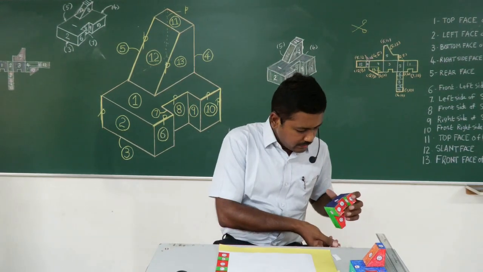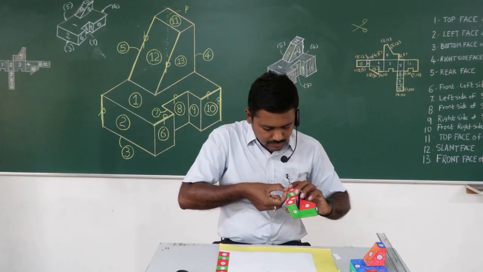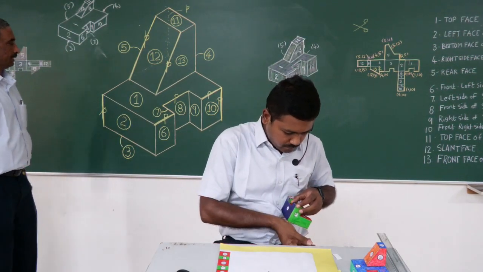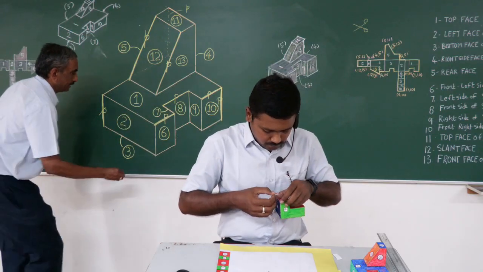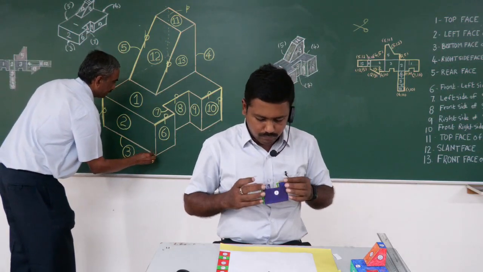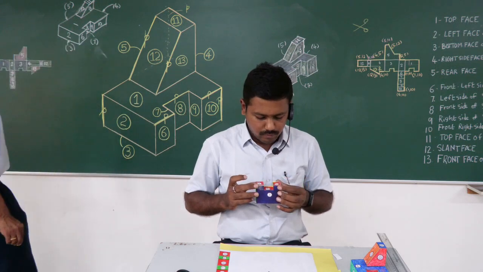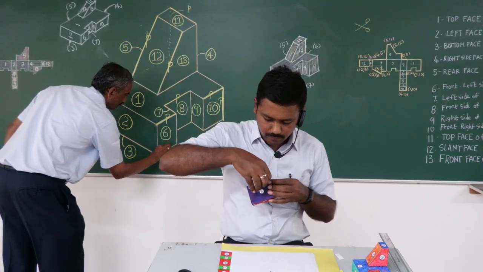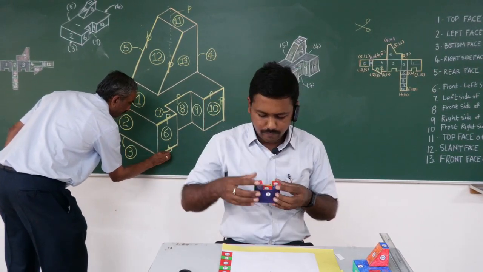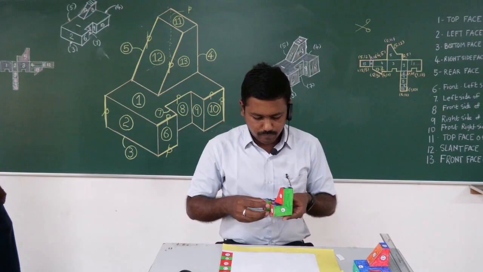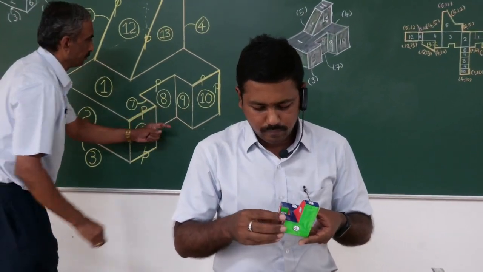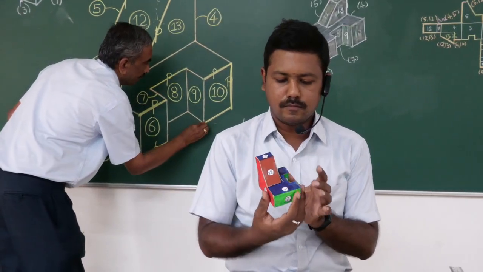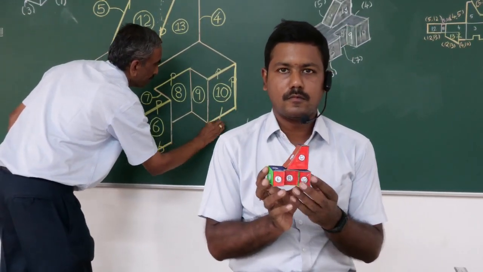Then I am pasting the edge between 3 and 6. So the face 3 is at the bottom and 6 is this, and this is pasted, 3 and 6. And I am also pasting the edge between 10 and 3. 3 is the bottom face, 10 is the front right side face. This edge is also pasted.